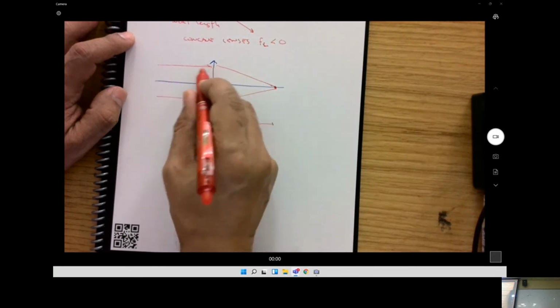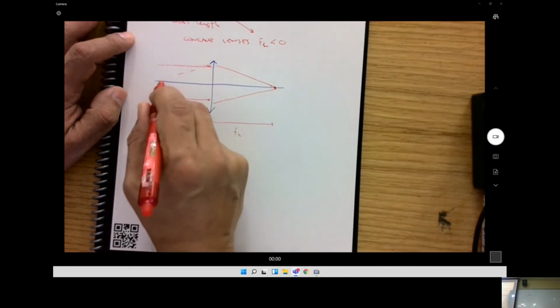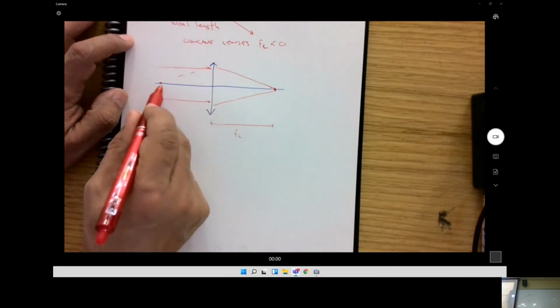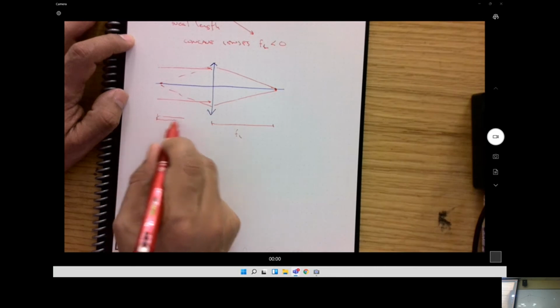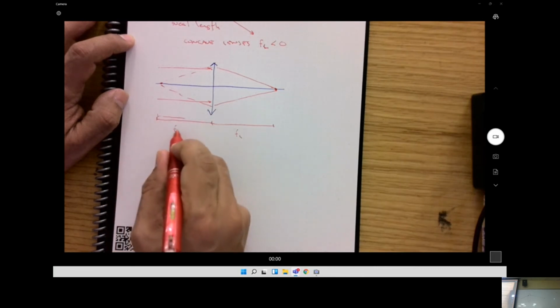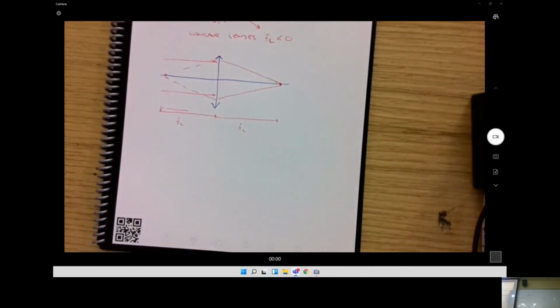I'm going to have light being focused at the same distance, just in the opposite direction. So every lens basically has two focal points, one to the left and one to the right, and they're going to be symmetric with respect to the lens.